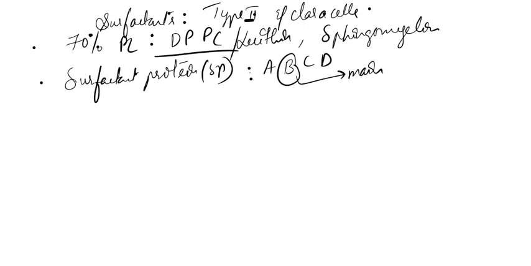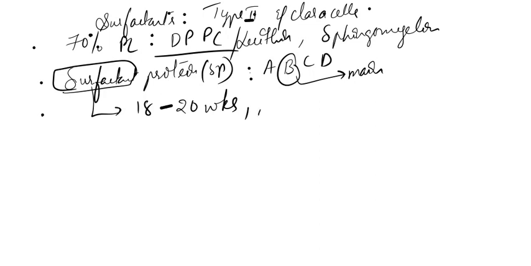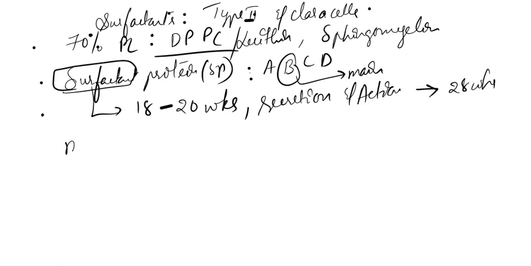Now surfactant production starts by 18 to 20 weeks, but secretion and action occur at 28 weeks, and the maximum secretion as well as the lung maturity occurs in which week? Can anyone tell?